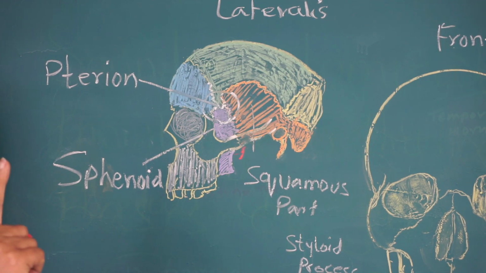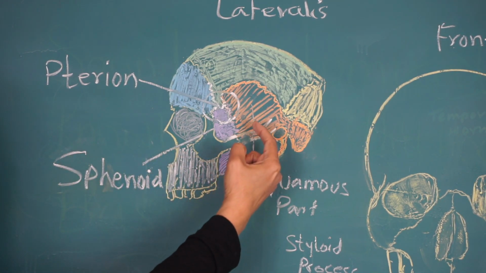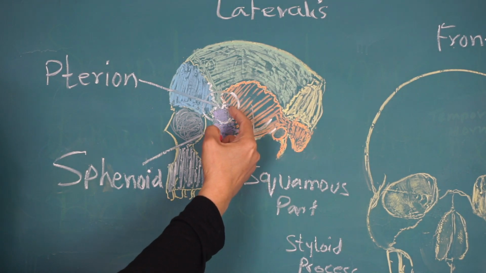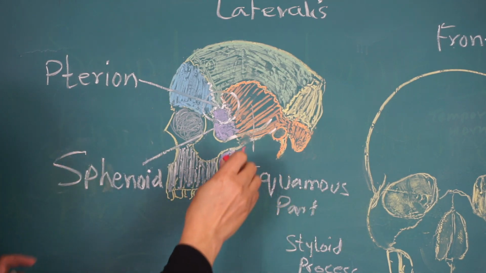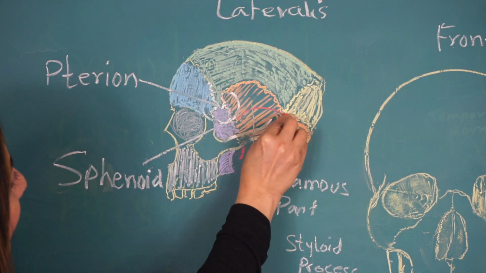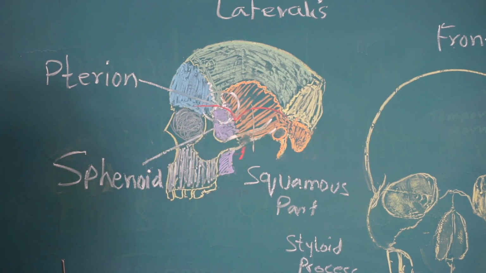The middle meningeal artery will enter through foramen spinosum and will lie just behind the pterion. It will bifurcate into a posterior and an anterior branch. So the pterion is a landmark for the anterior division of the middle meningeal artery. Now this is the weakest region of the cranium.